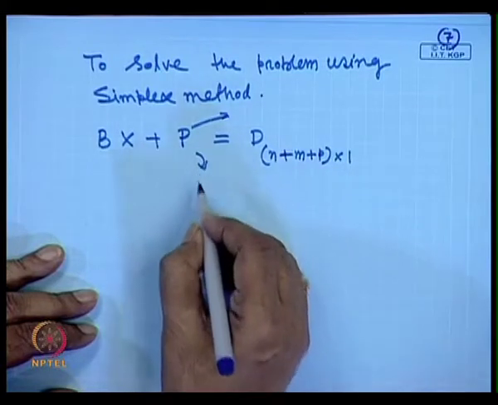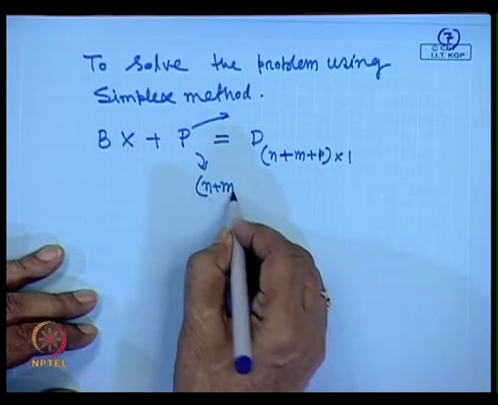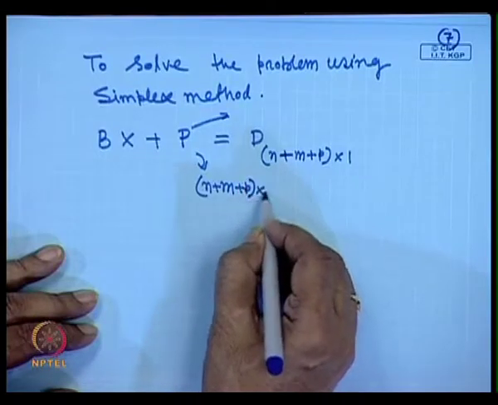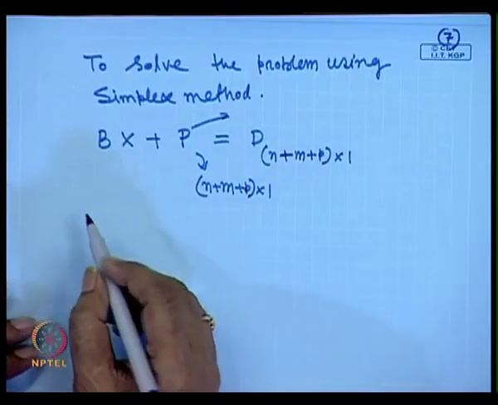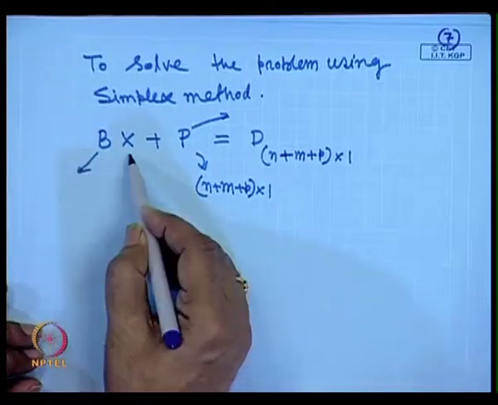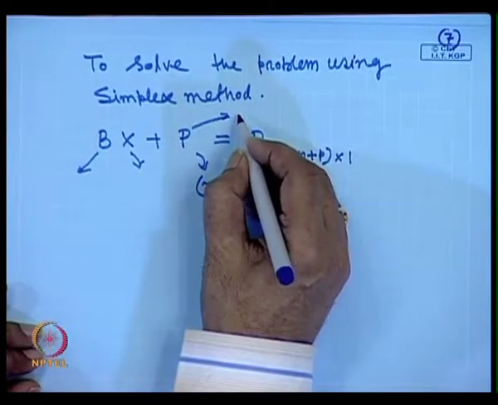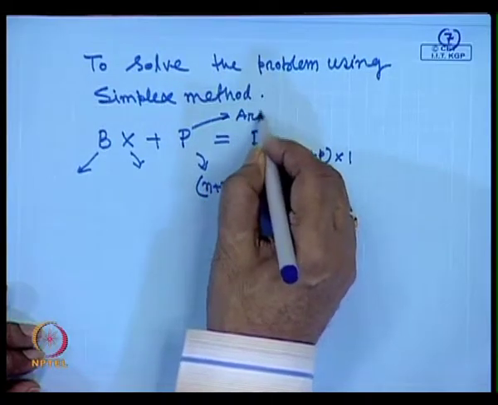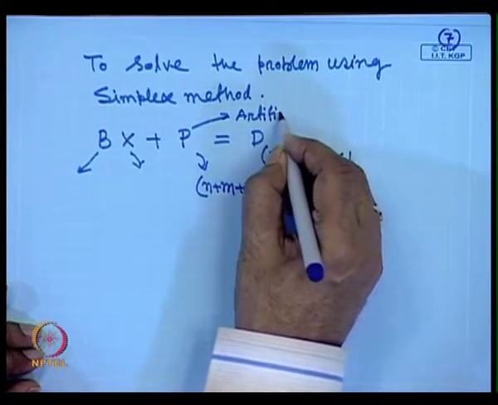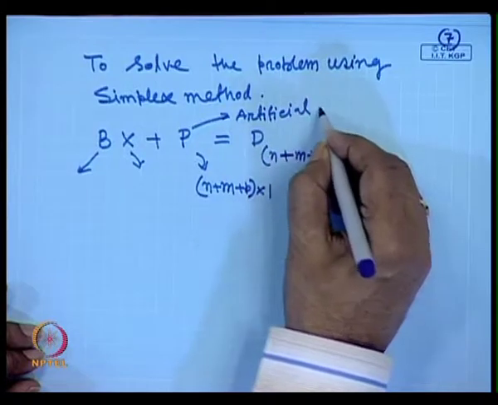So, this dimension is n plus m plus p cross 1. Okay. So, this dimension you know, this dimension you know, this dimension you know, and this p is a vector which is an artificial variable.